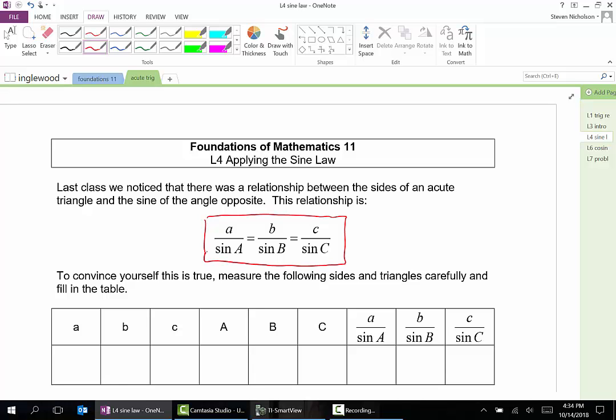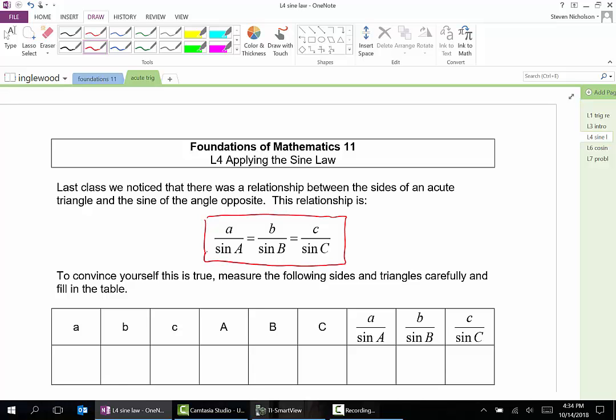There's only two kinds of equations you need to solve: find a side, little a, or find an angle. And in that case, we have to use the second function on our calculator to be able to find that angle.